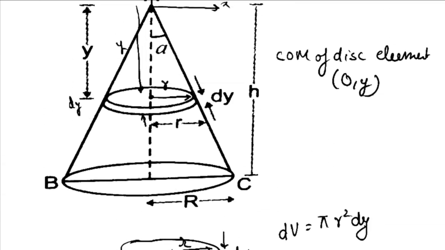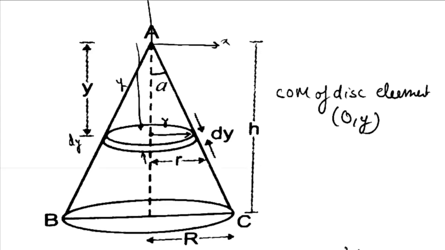Now let us find this radius. In the diagram, tan alpha is equal to r by y, and tan alpha is also equal to capital R by this height h. In this triangle, this is r and this is y.